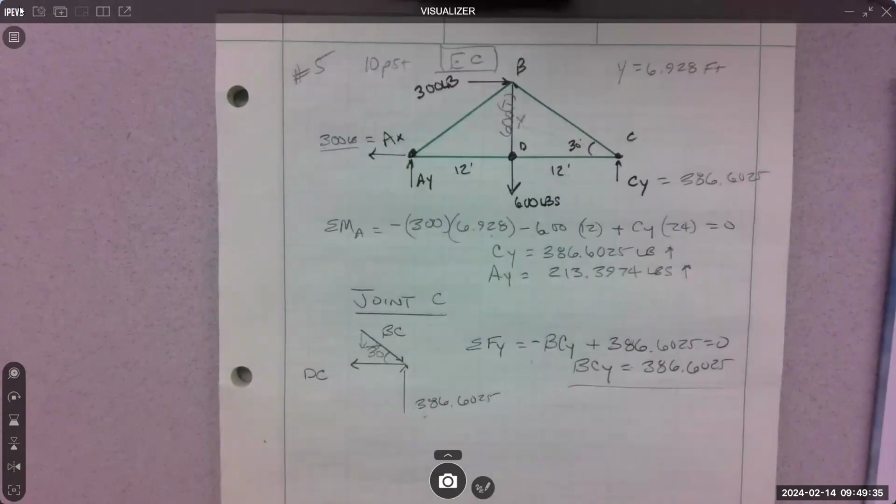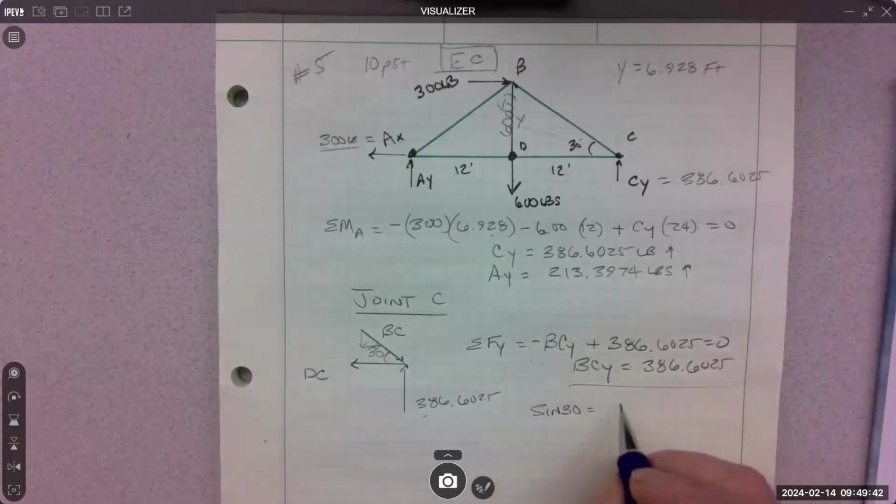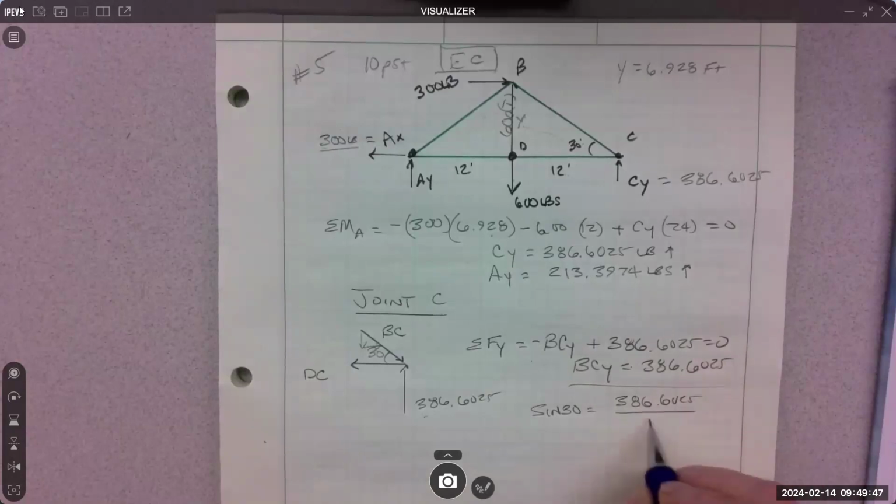So could use sine 30 equals BCY, 386.6025 over BC.